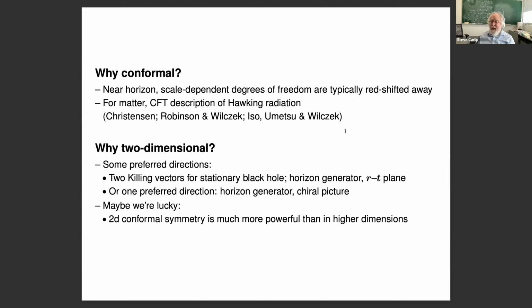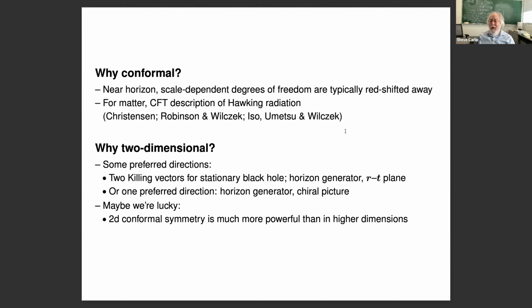However, there's another sense in which there are 2 preferred directions at a horizon. One of them is a sort of obvious one. A horizon is generated by null geodesics, basically the paths of light, that is, of photons that are trapped exactly at the horizon. That gives a null direction that is along the horizon, though also, because of peculiarities of null vectors, it's also normal to the horizon.